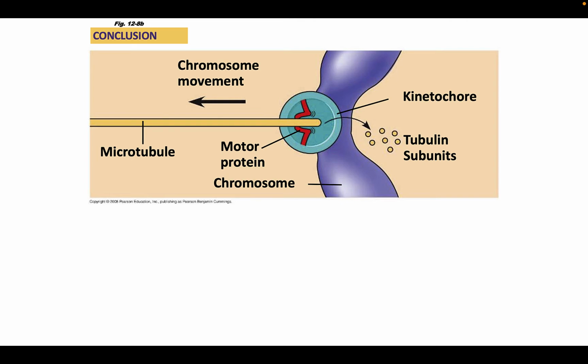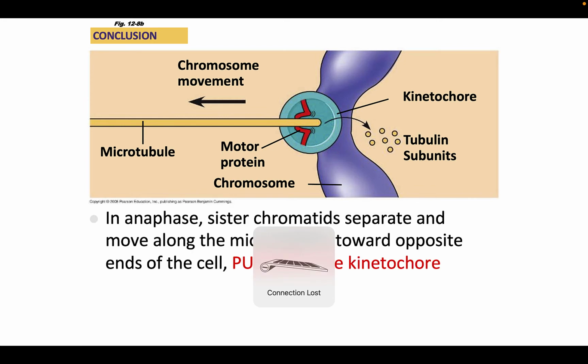Okay, so it is working its way down that fiber and will eventually make it to the pole of the cell, and that's how the chromosomes are separated. So remember, there's one of these on each of the sister chromatids, and they then end up pulling in opposite directions and separating the sister chromatids.